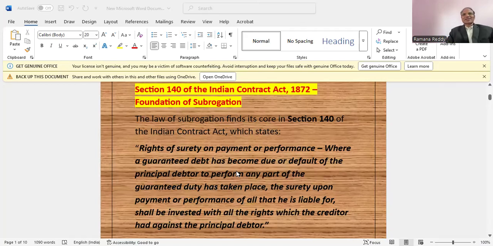The rights of the surety on payment or performance: where a guaranteed debt has become due, or default of the principal debtor to perform any part of the guaranteed duty has taken place, the surety, upon payment or performance of all that he is liable for, shall be invested with all the rights which the creditor had against the principal debtor.